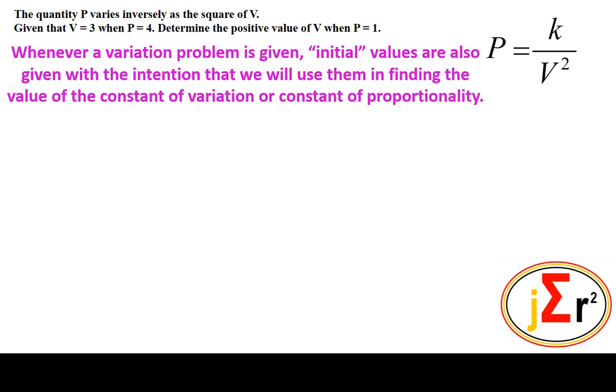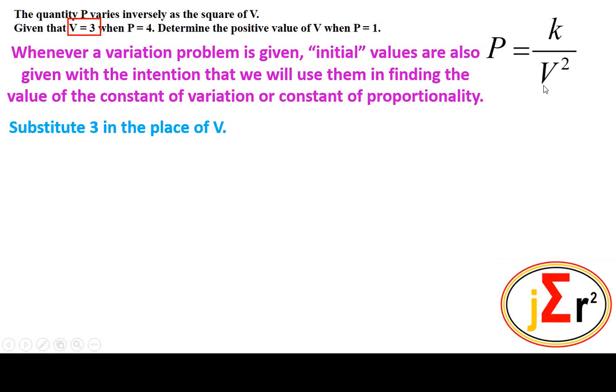It so happens that in this particular case, the process is short. V is equal to 3. Now we are attempting to find the value of the constant of proportionality, and it is given that V is equal to 3. Therefore, where we have V, we will substitute 3.